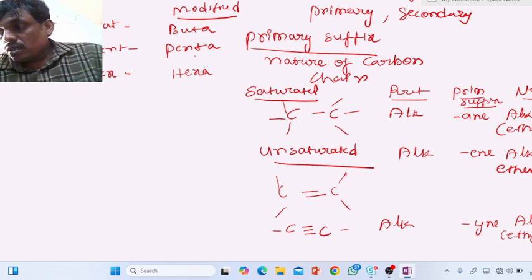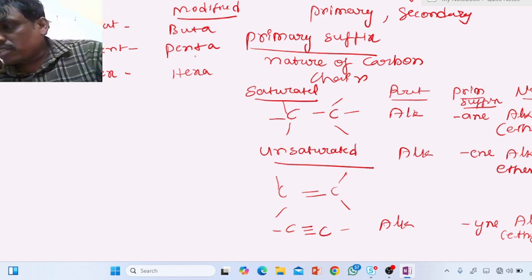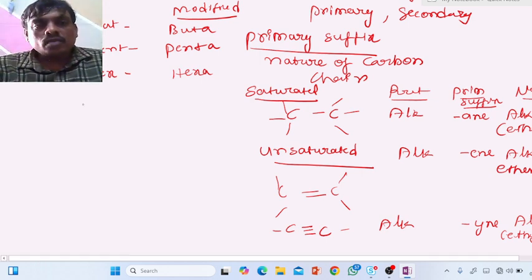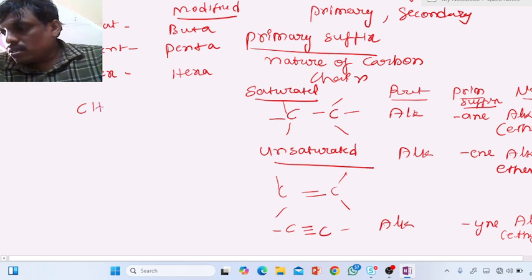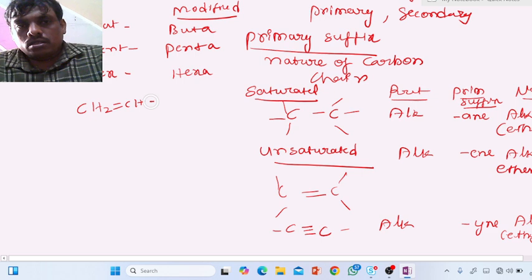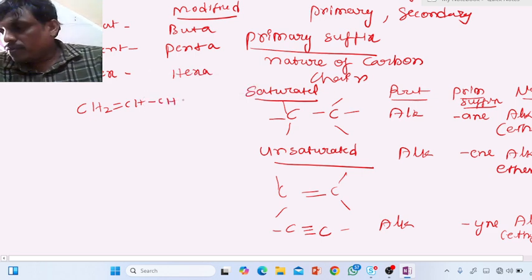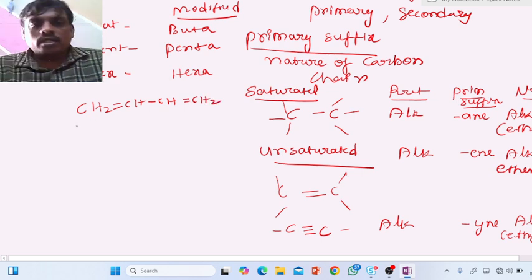Okay, one example I would like to give to you here. CH2 double bond CH, CH double bond CH2. What is the IUPAC name of it?